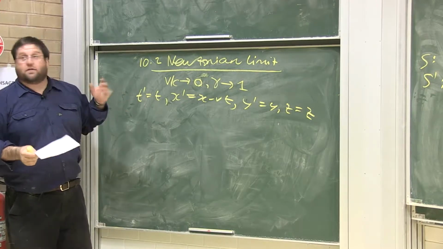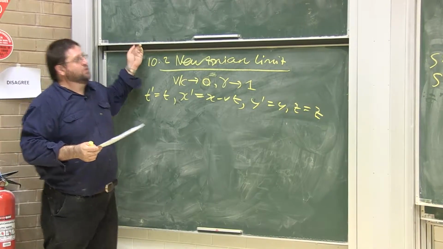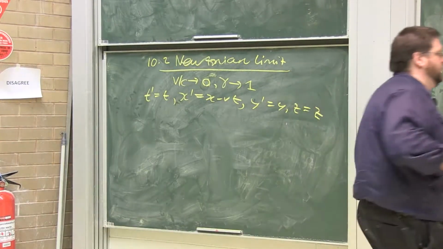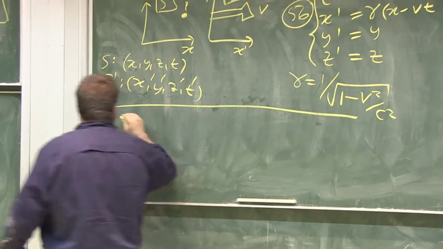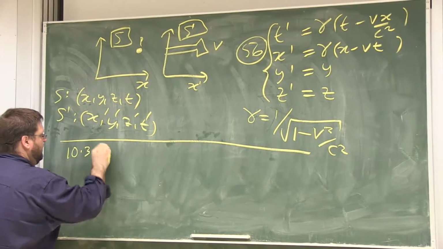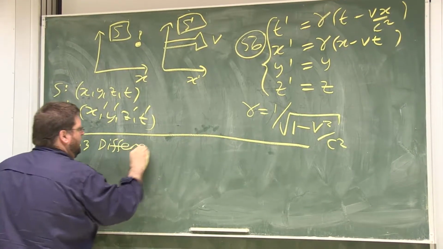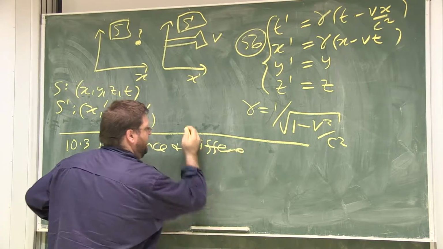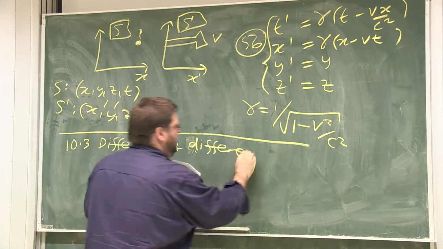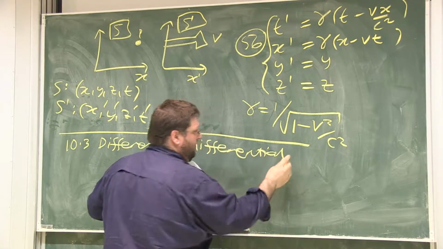The next thing I want to look at is the difference and differential versions. And this is 10.3. So this is the difference and differential versions of the Lorentz transformations.